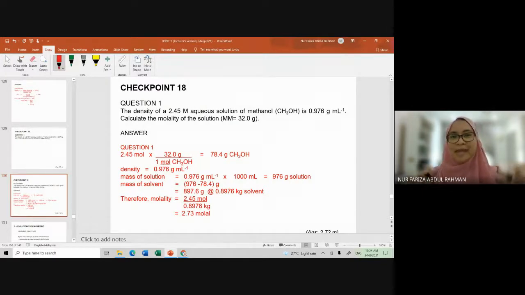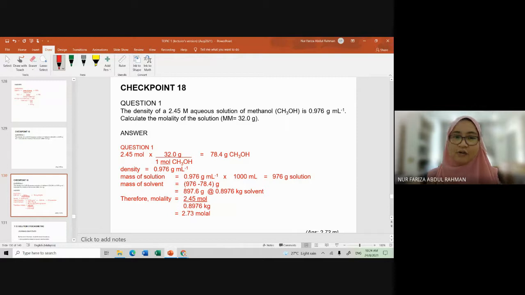Okay, we may have several methods to solve the problem. Some people may prefer using this method, and some others may prefer to use another method. As long as it is logical and justified, ataupun you have a reason why you go for this method instead of the other method, it's okay.